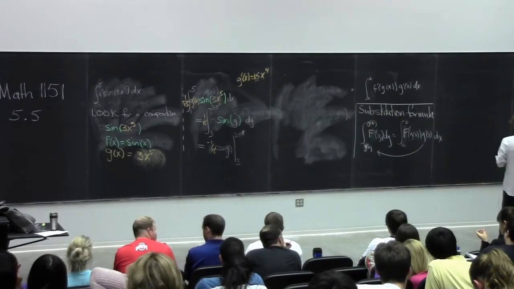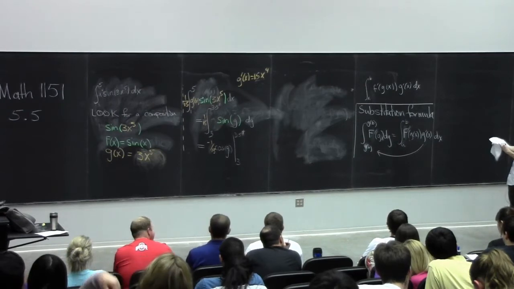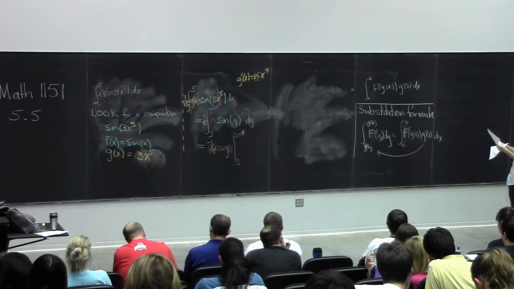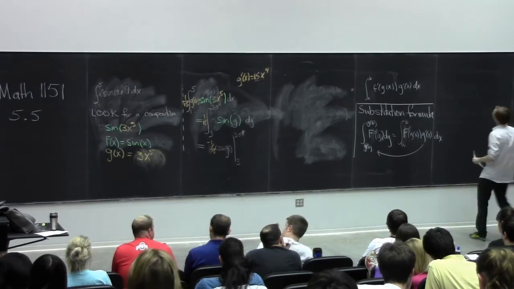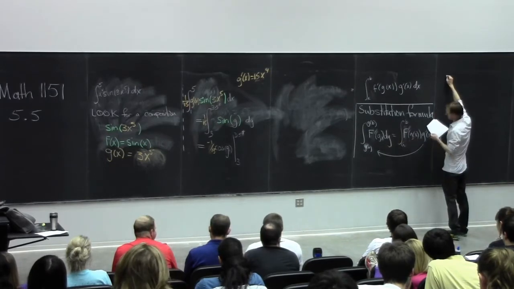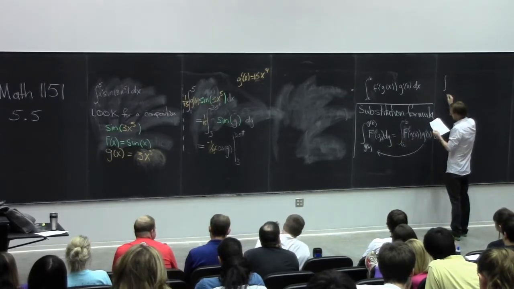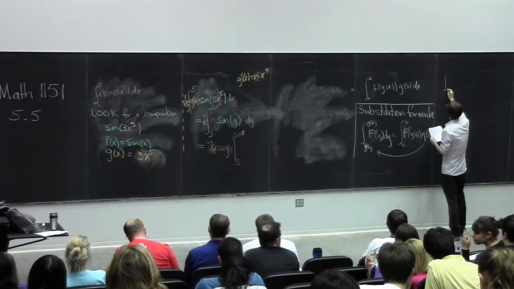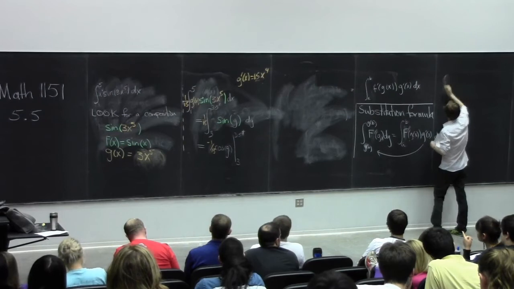So another way to write this formula is, it's very common to use u instead of g. That's just very, very common. So I'll go ahead and write it up here, and then I'm going to erase it.